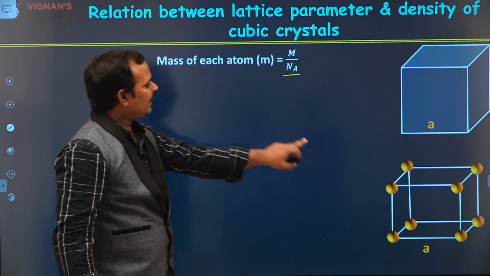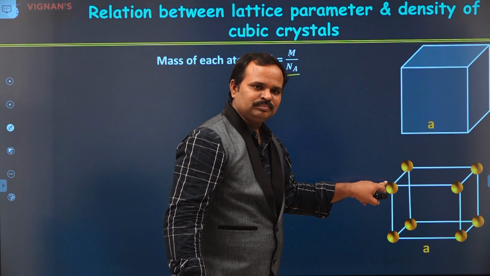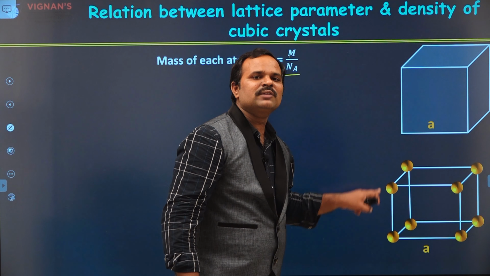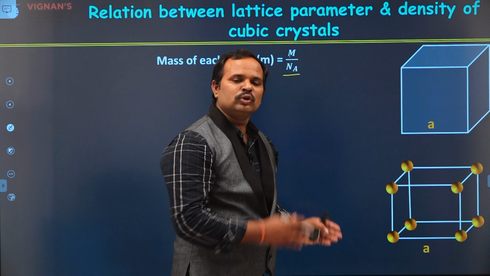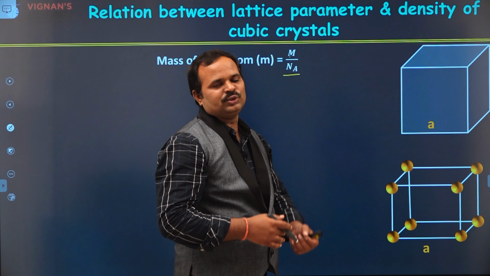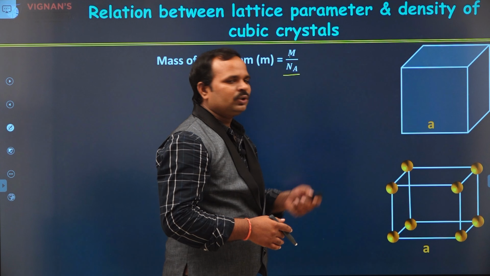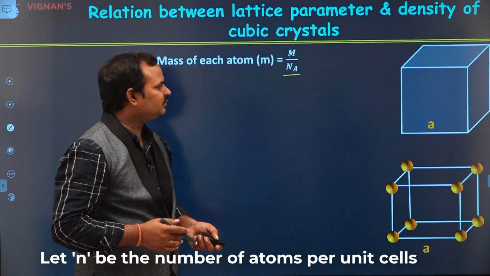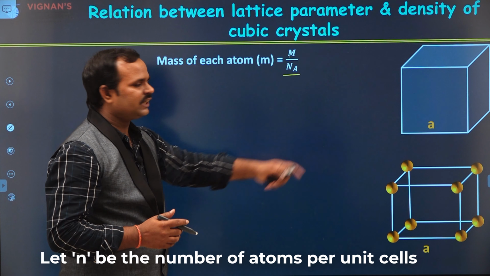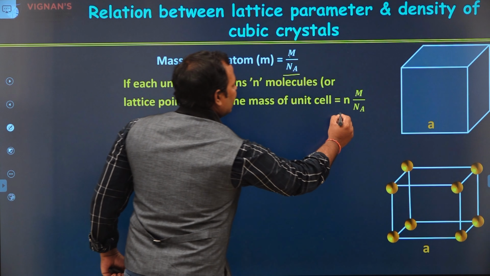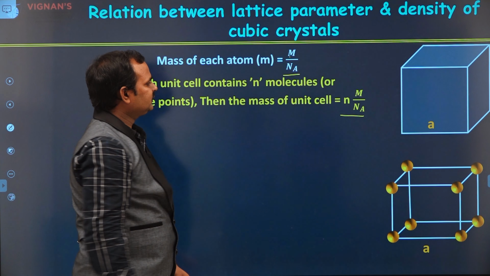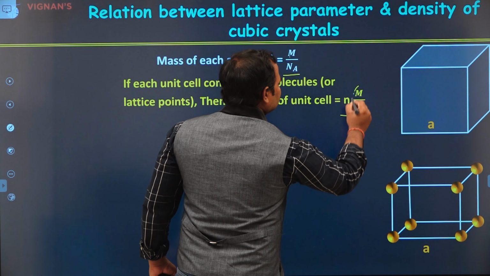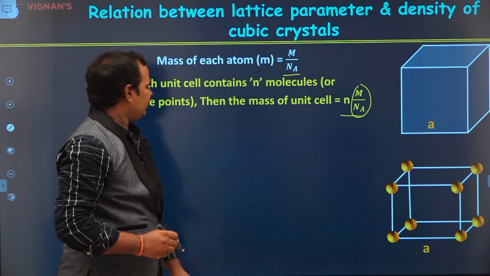Now we know the mass of one atom, then how many atoms are there in the unit cell? It could be different for different unit cells. So let n be the number of atoms per unit cell, then the total mass of the unit cell is n into M by Na.